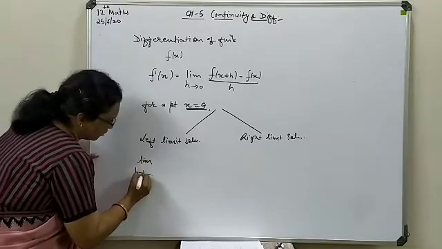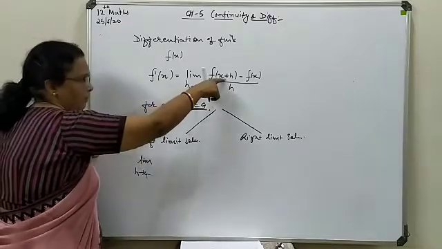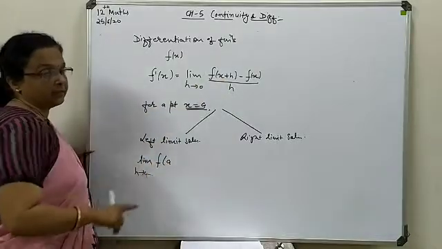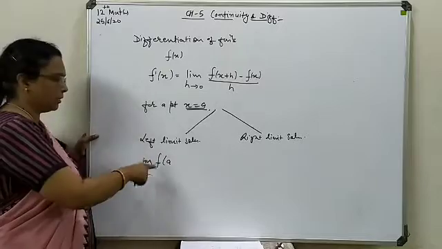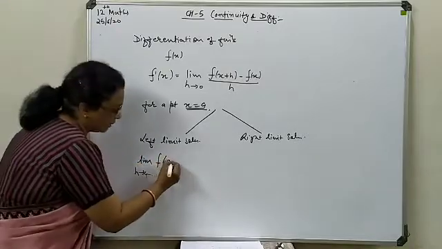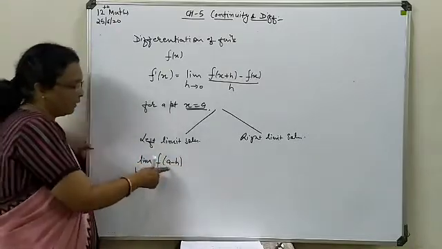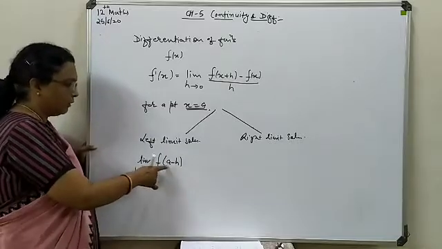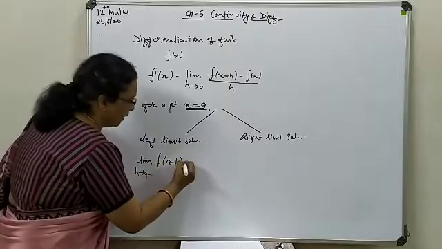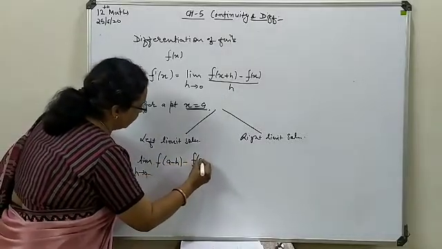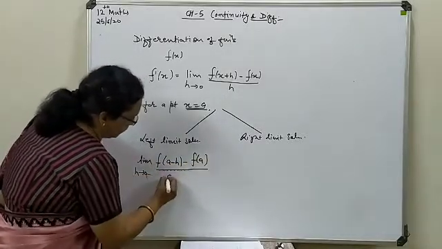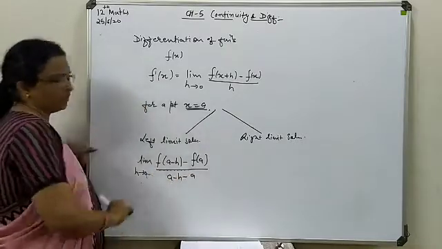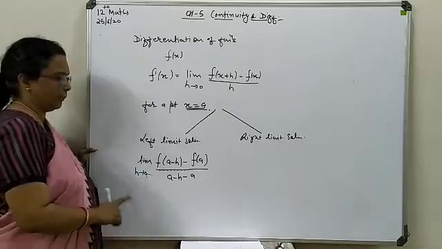For the left limit, limit h tends to 0, in place of x you will write a, as in the previous case while we were checking continuity. For the left limit we used a minus h, so here also in place of x plus h, for left limit checking you will use f(a minus h) minus f(a) upon a minus h minus a, or this can be replaced by minus h only.